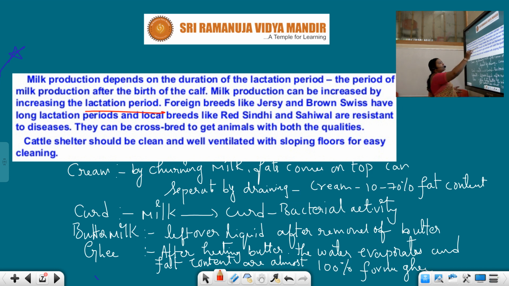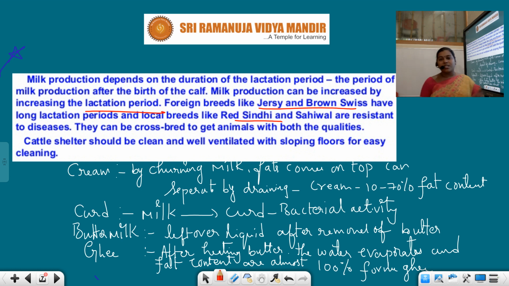Foreign breeds like Jersey and Brown Swiss have a long lactation period, and local breeds like Red Sindhi and Sahiwal are resistant to diseases. They can be crossbred to get an animal with both qualities.